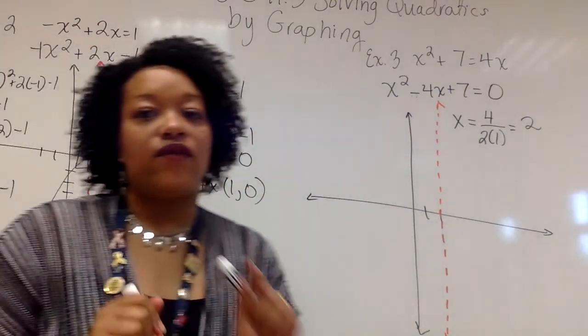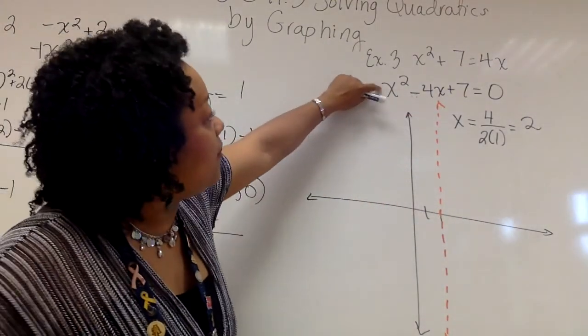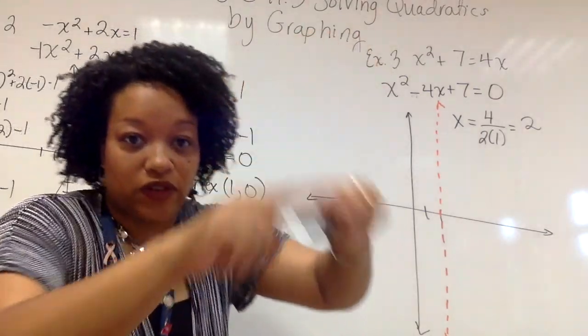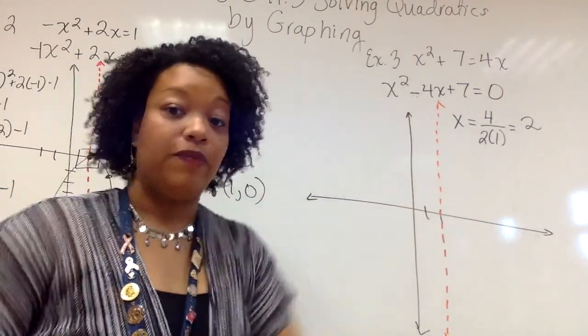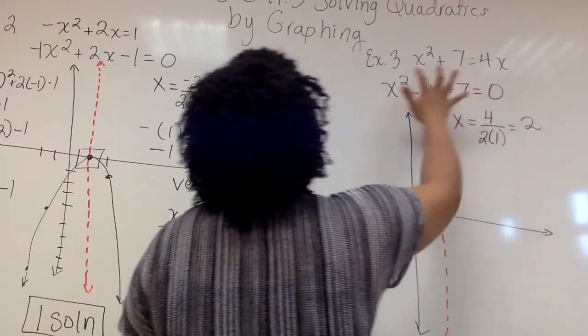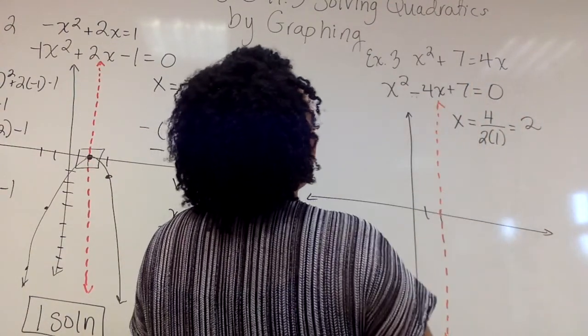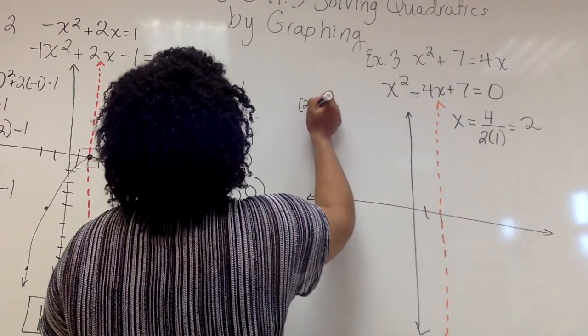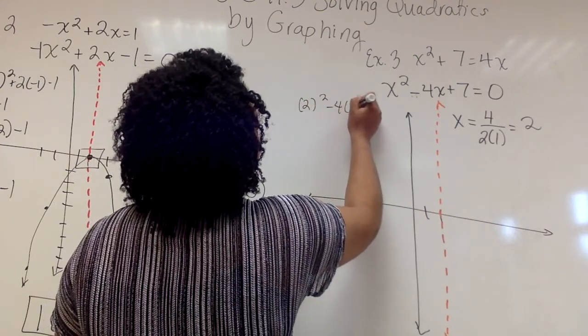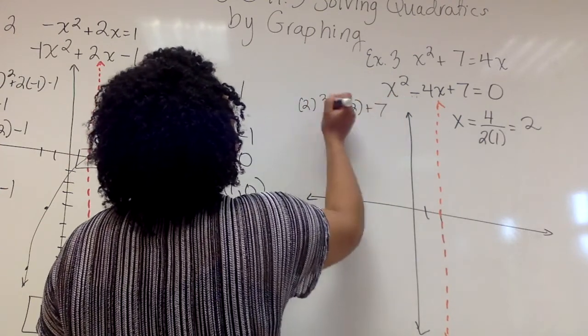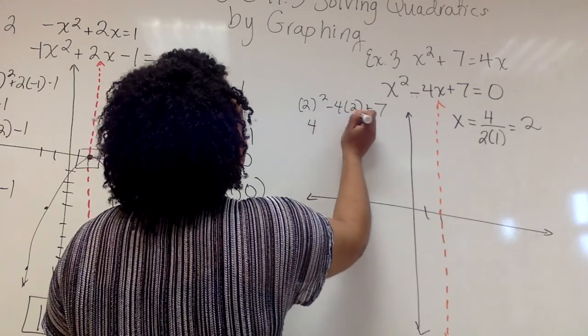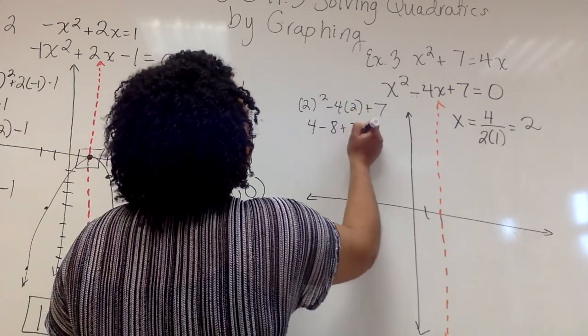Now, we need to know our vertex. Based on my A, because it's positive, vertex will be opening up, so that's good to know. We're going to take this value of 2, plug it in here, see what my y is. So that's going to be 2 squared minus 4 times 2 plus 7. 2 squared is 4. -4 times 2 is -8 plus 7.